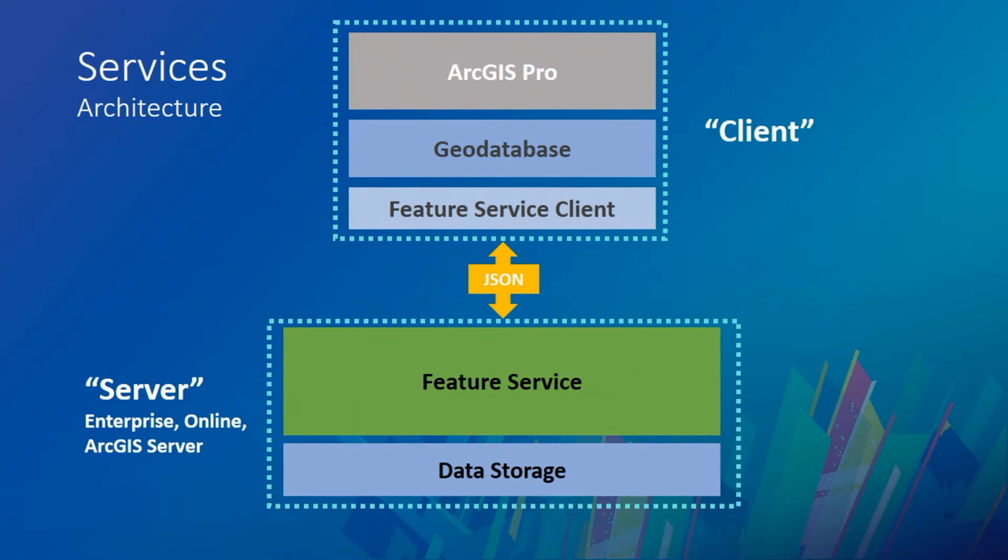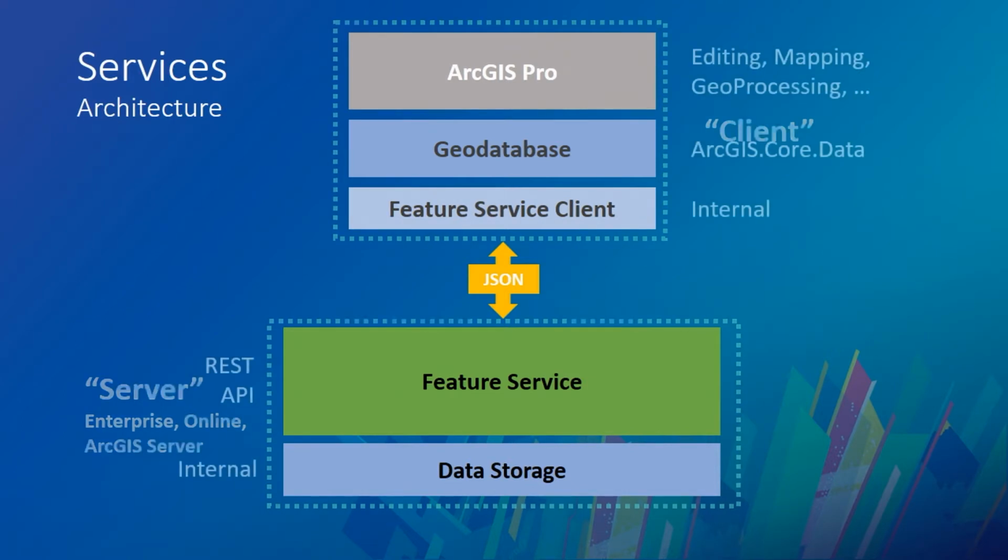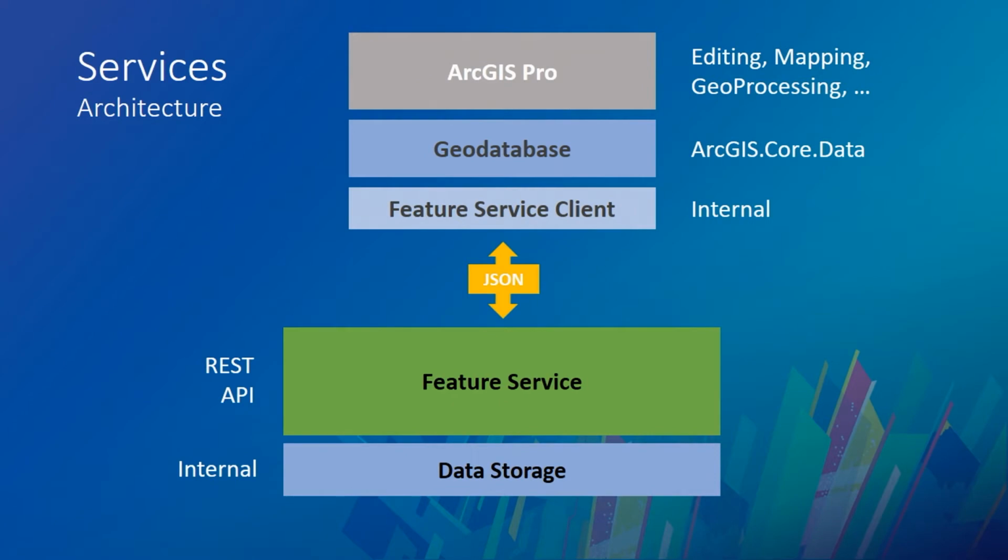Within this bottom group, we have the feature service, and then it communicates with whatever the backend data storage happens to be. From a developer perspective, you can look at the Pro application tier, and this is where you'd access things like editing, mapping, geoprocessing modules. The geodatabase, you would think of it as the ArcGIS core.data module.